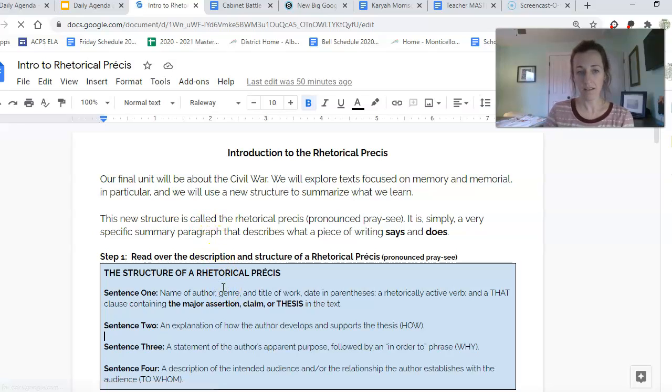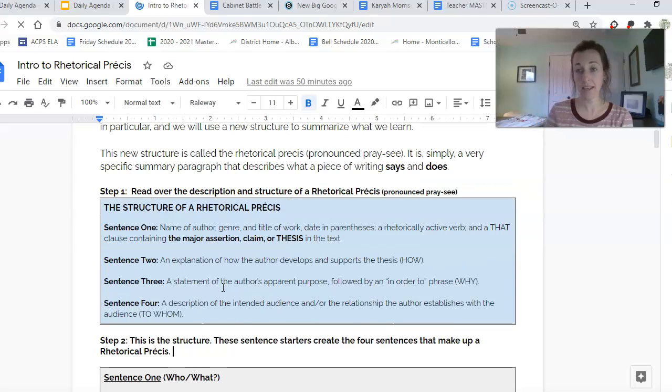Sentence 1 will be the name of the piece along with its author, and you'll explain the claim, explain the assertion or the theme. Sentence 2, you're going to explain how the author does this. Sentence 3, you'll explain the author's apparent purpose. And lastly, you'll look at the audience for the piece.